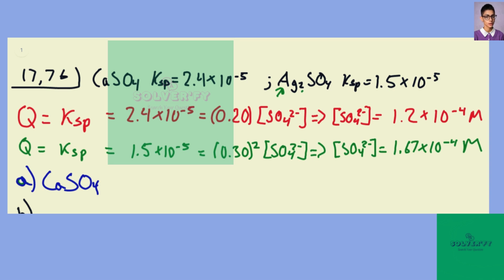So we know that we need this 1.2 times 10 to the minus 4 concentration. So we can multiply this by the volume of our solution to get the amount of moles necessary, which is 1.2 times 10 to the minus 6.